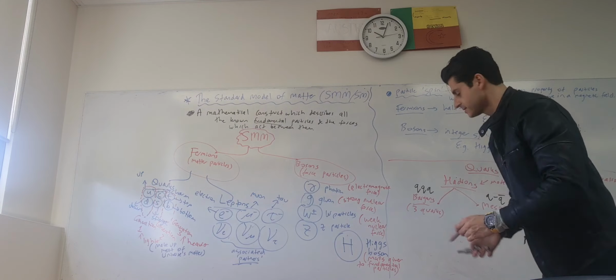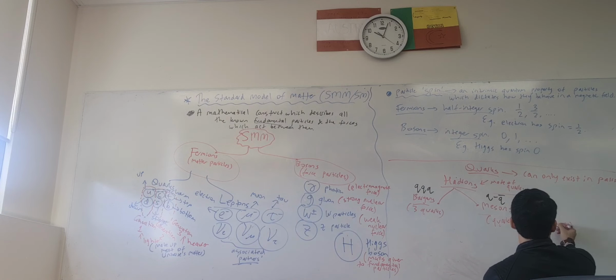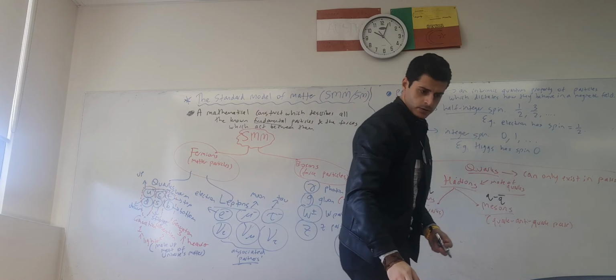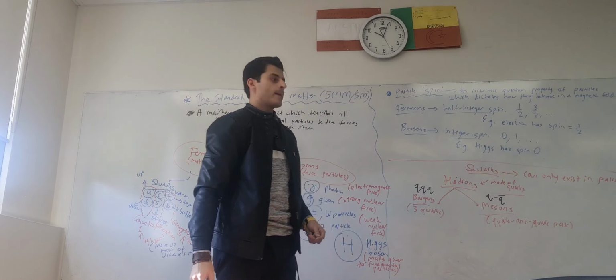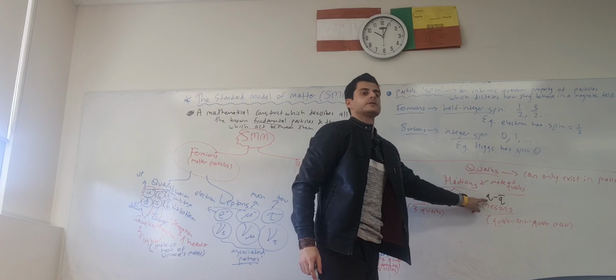More technically speaking, a quark anti-quark pair. Are they the same quark or different quarks? It's the counter to that quark. Let's say it's an up quark, then an anti-up quark.